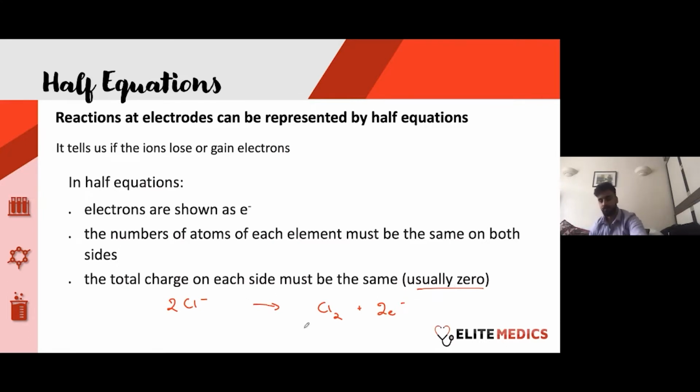Okay. The same could be done for when I was using the copper example. Cu is going to Cu2+. Are the number of atoms of each element the same on either side? Yes, 1 copper, 1 copper. Now, charges, are they the same? This is 0 on the left. This is 2 plus on the right. So I need to make this 0. So how can I make this?